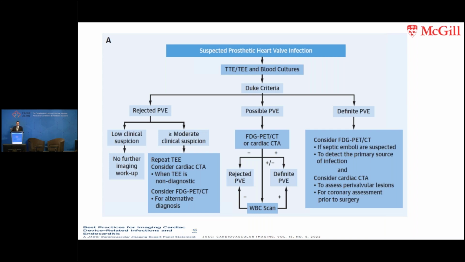In the case of rejected endocarditis, you still get a PET scan because you want to look for alternative diagnosis. In the case of possible IE, you get a PET scan in order to see if there is or not the valve infection. And even when you have a definite endocarditis, you still need to get a PET scan because you want to stage the disease and see where the septic emboli are. So in all cases, all these patients should be getting PET scans nowadays.